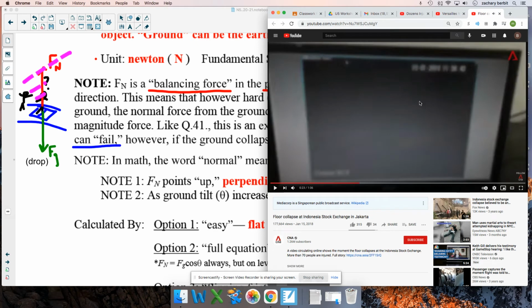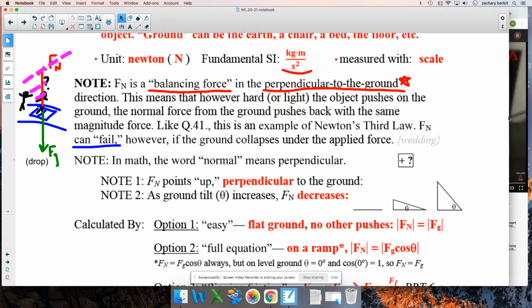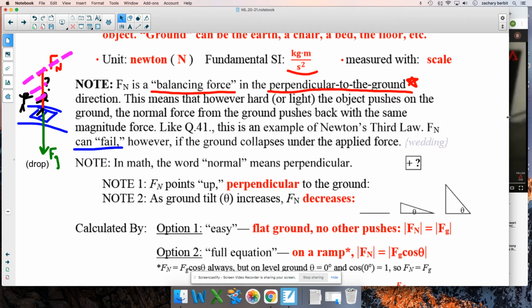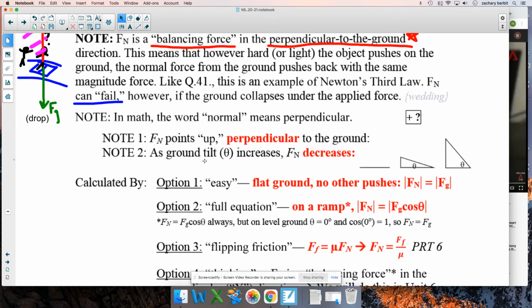The end of that video is not even a second, much less than a second, and they're moving fast. So let's put it this way. You're all headed to probably either hanging out at a college party or going to a college party at some point. Beware of anything that's not on the ground level with nothing beneath it. So anyway, for our problems, fortunately, the normal force will stay in place primarily.